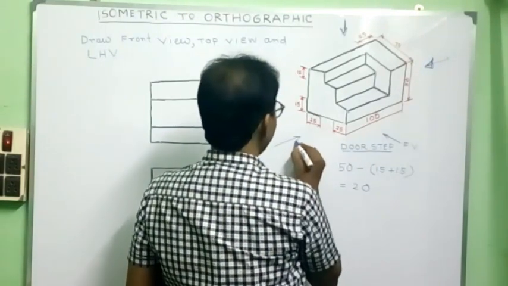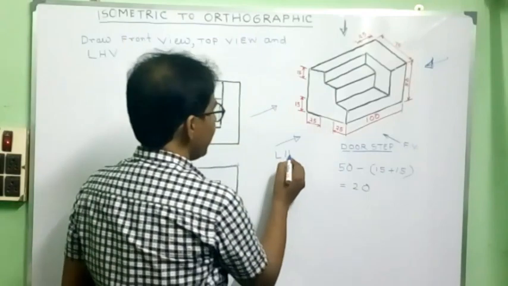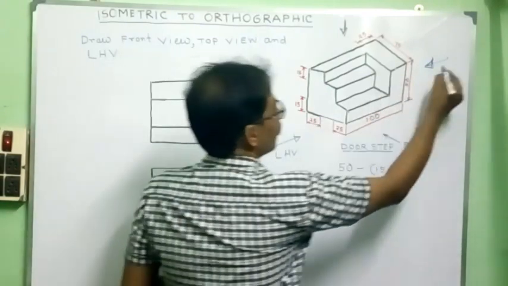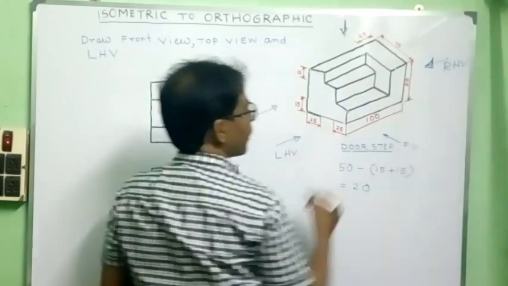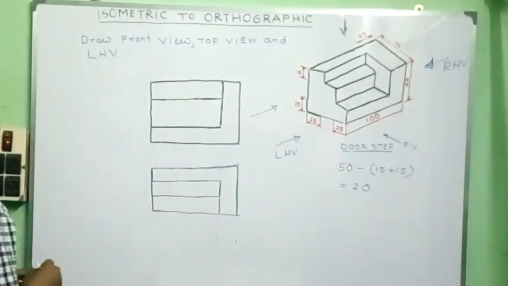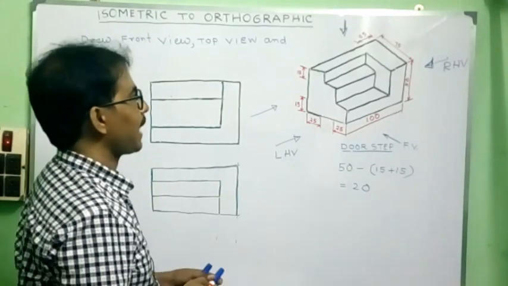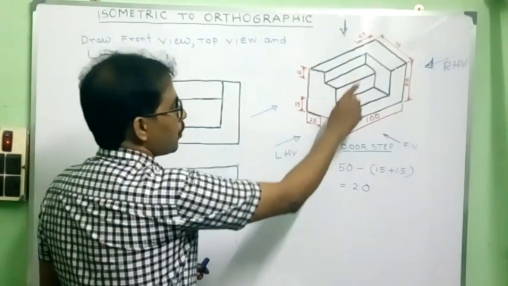This is the left hand view, LHV. This is the right hand view, RHV. If we take the right hand view, there is also a rectangle.